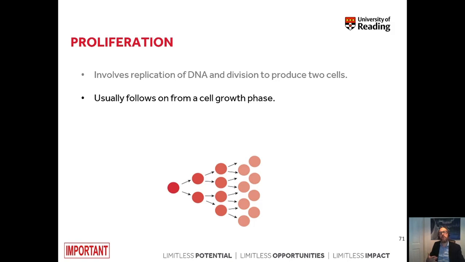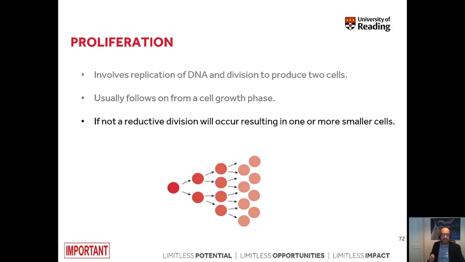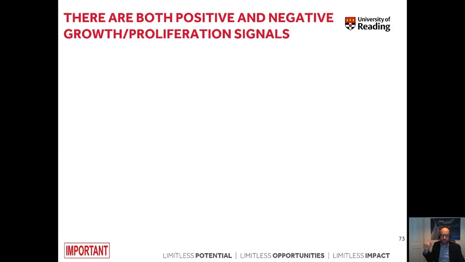They need to have all of the organelles required in a cell, and also all the genetic material of the parental cell. If not, a reductive division would occur, such as in case of the meiosis. The result of proliferation is one or more smaller cells than the parent cell, because again proliferation follows on the growth phase.